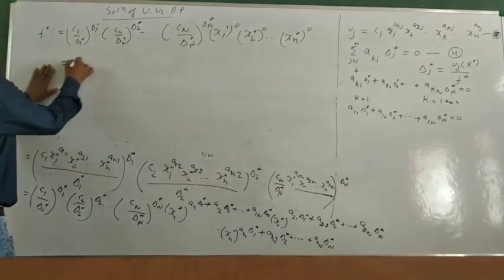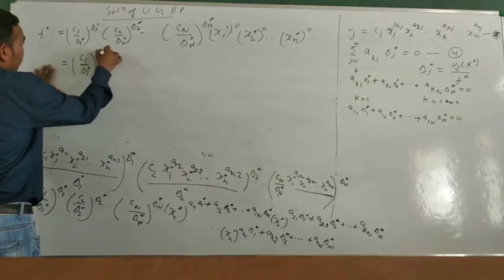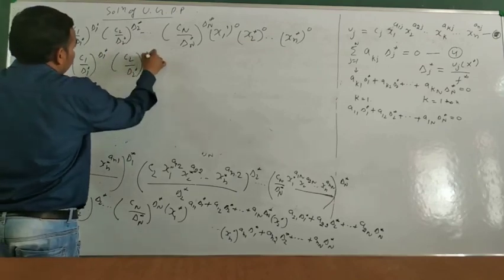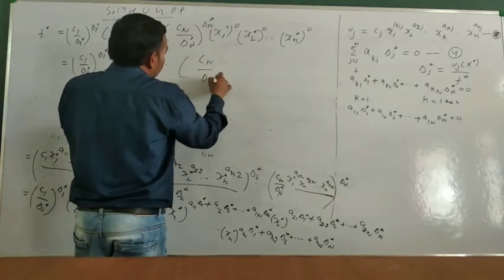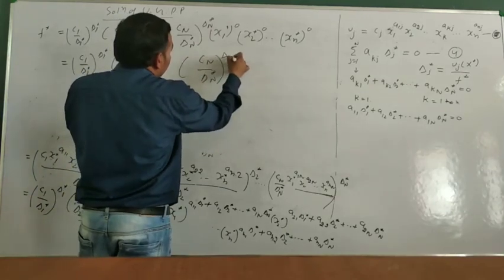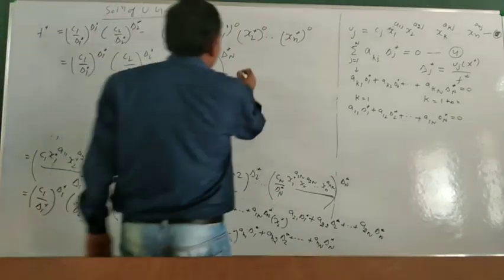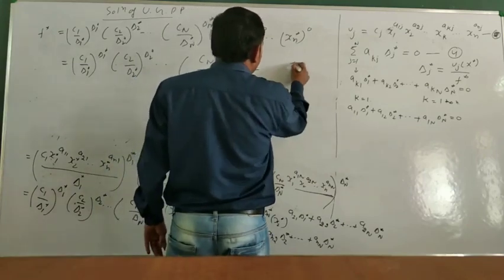And finally we get this one, cn upon del n star to the power del n star. And this is 4, 5.